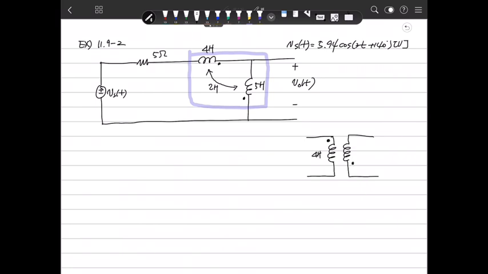This is a 4 Henry, this is a 5 Henry, and mutual is 2. In that case, that terminal and that terminal is connected each other in this manner.